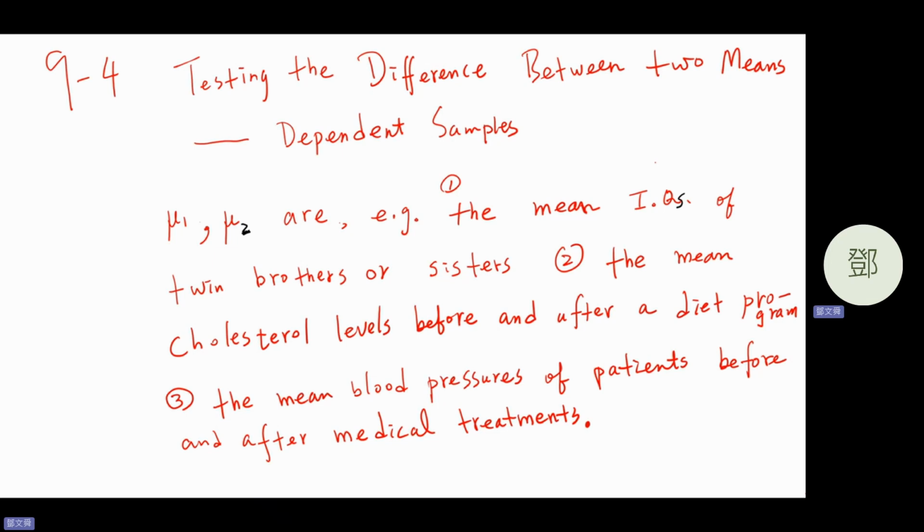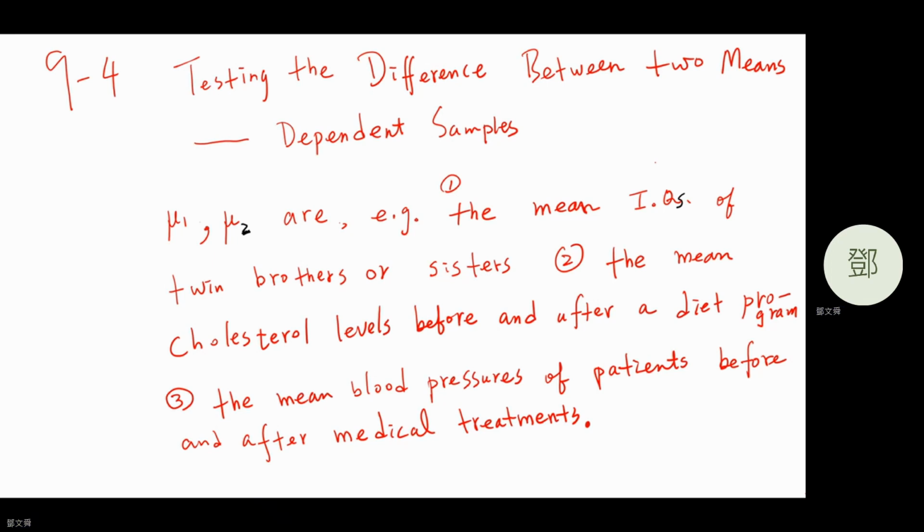Remember the paired sample, because twin brothers and sisters come in pairs. Or the mean cholesterol levels before and after a diet program.